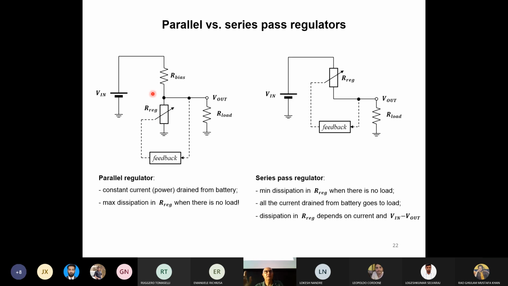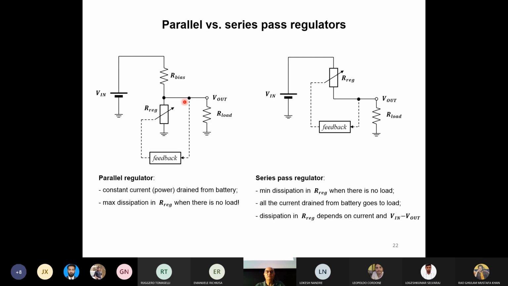Okay, everything, the Zener works like a feedback system. It's a simple feedback system, but basically in applications like the solar photovoltaic panels, we have a real circuit which does the feedback and also a variable resistance. A variable resistance basically is a transistor, which changes the current that it can absorb in order to keep the output voltage constant.